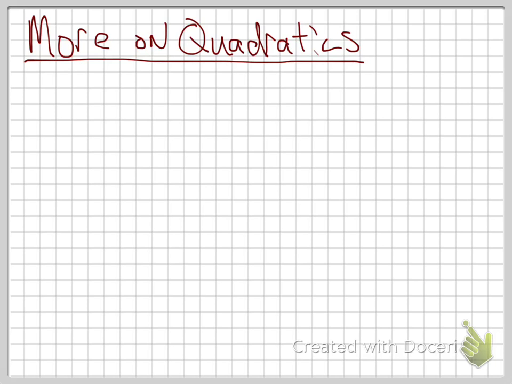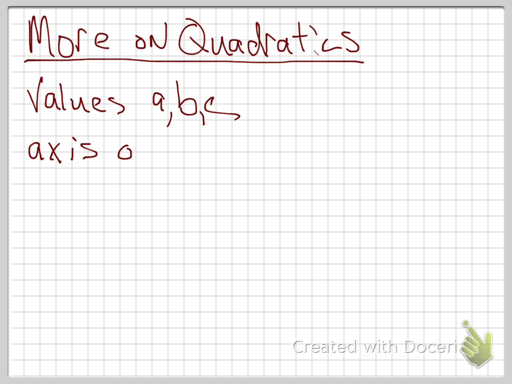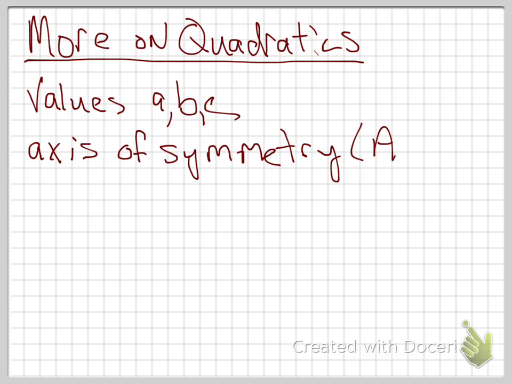What I want you to focus on is, like it says on the side, key concept quadratic functions. You need to know the values of A, B, C. You need to know the axis of symmetry, which I'll usually say AOS.